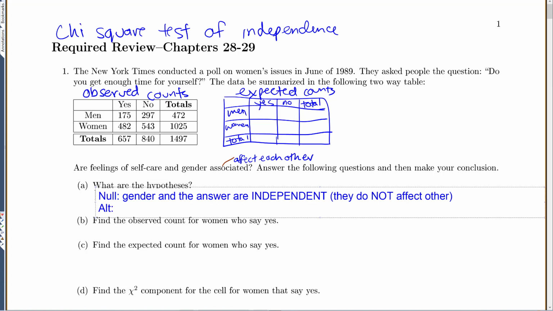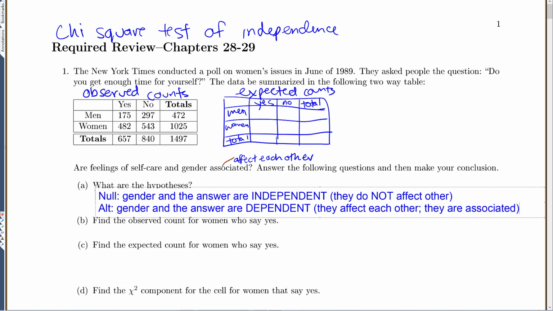The alternative would be that gender and the answer are dependent. So the null always has to be that they're independent, they don't affect each other, kind of status quo. The alternative, what we're hoping to show, is probably that they do affect each other, that they're dependent, or depending on who writes the exam, occasionally she might say they are associated. Somehow they're affecting each other. She says associated like that.